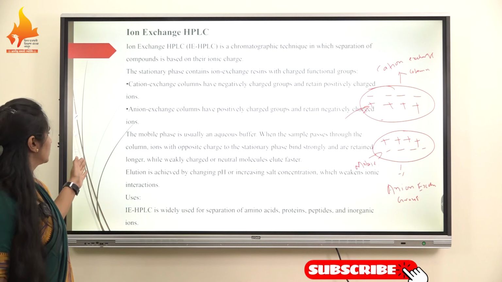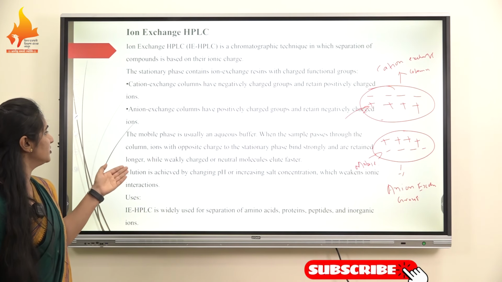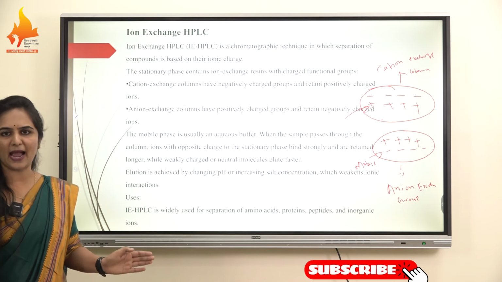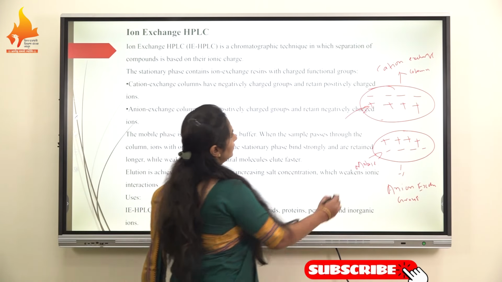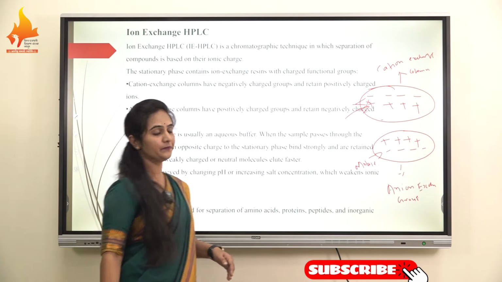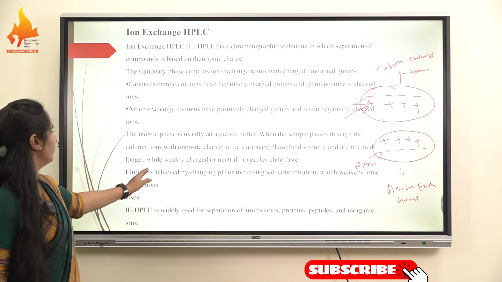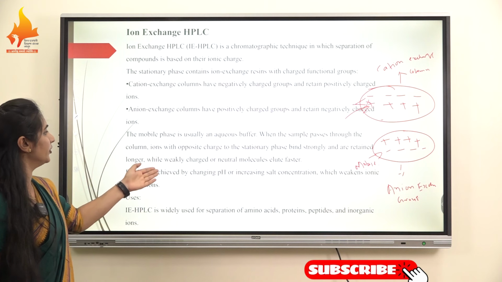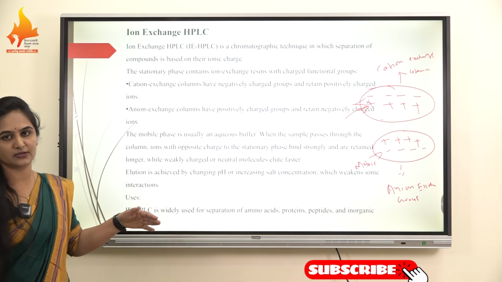When the sample passes through the column, ions with opposite charge to the stationary phase bind strongly and are retained longer, while weakly charged or neutral molecules elute faster.